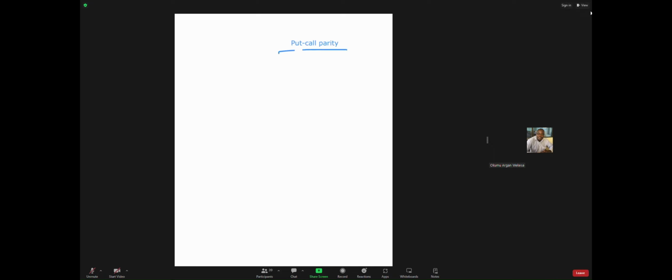So we can look at put call parity. In the notes, you will read factors that determine the value of a European option. You look at those factors that are there.